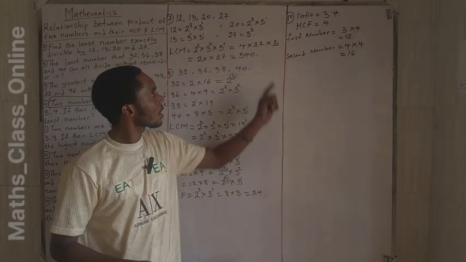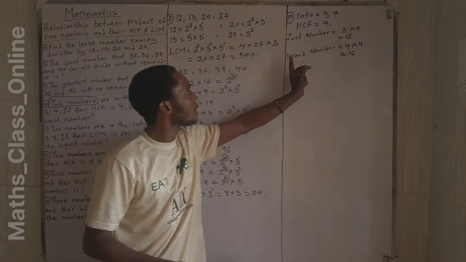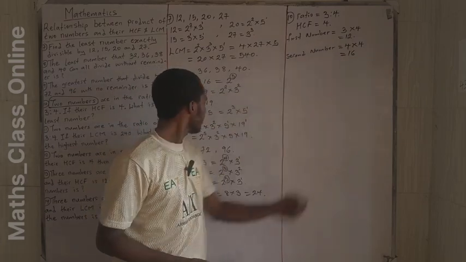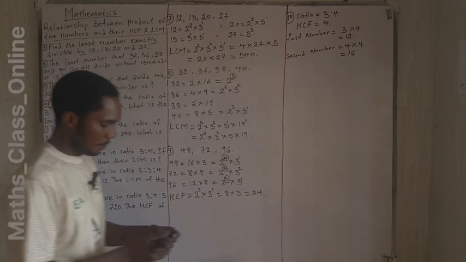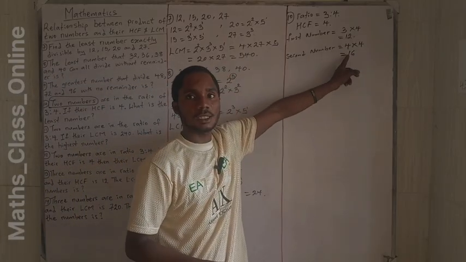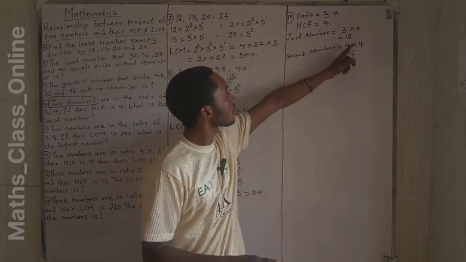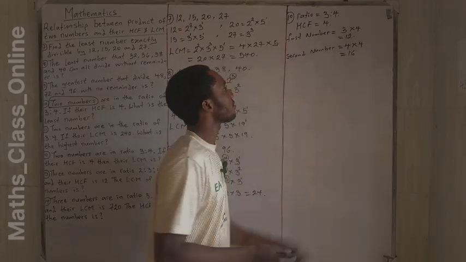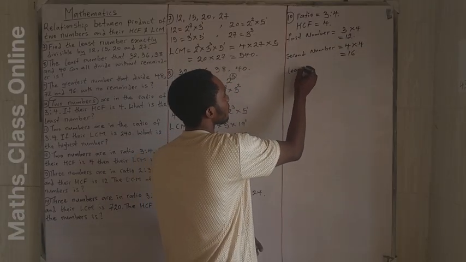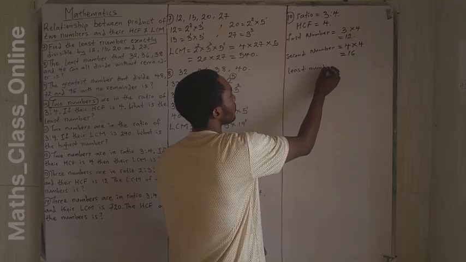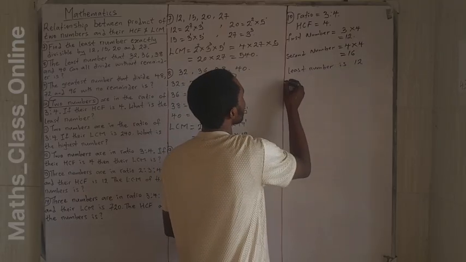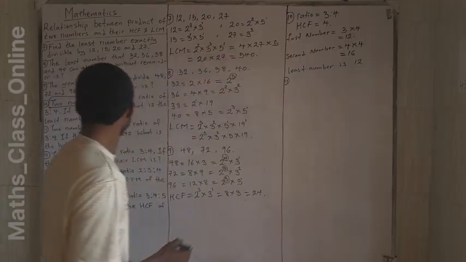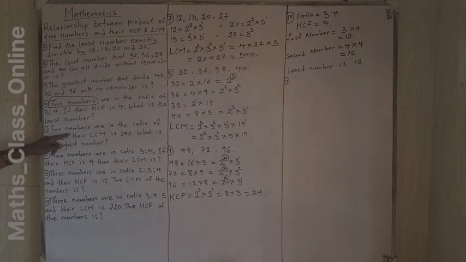That means the first number is 12 and the second number is 16. What is the least number? Between 12 and 16, which one is the lowest? The lowest is 12. That means the least number is 12.